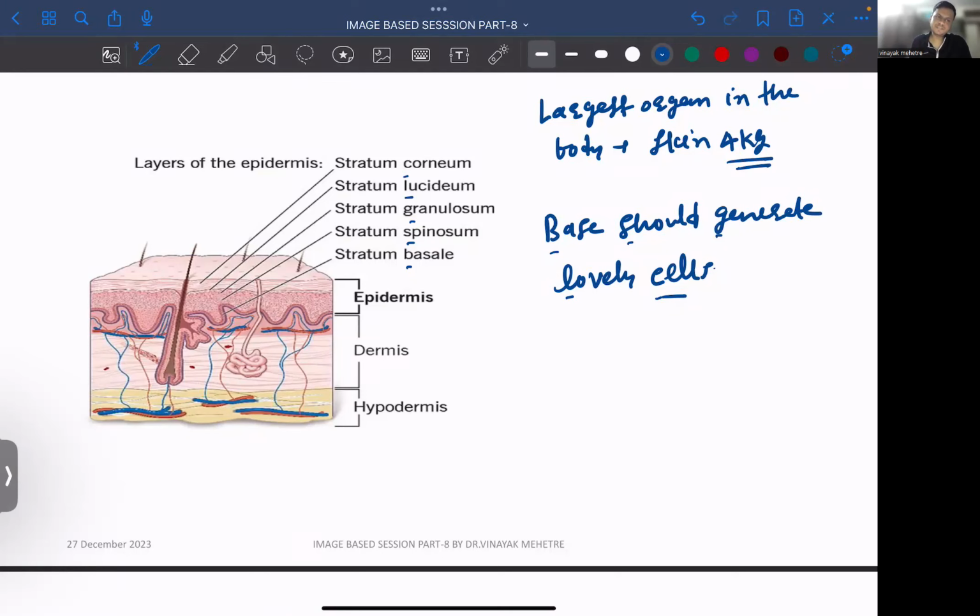Which cell produces melanin? Which cell produces mechanoreceptor or receptor? Yes. And which cell is the antigen presenting cell in the skin? Yes, that is Langerhans. Correct.